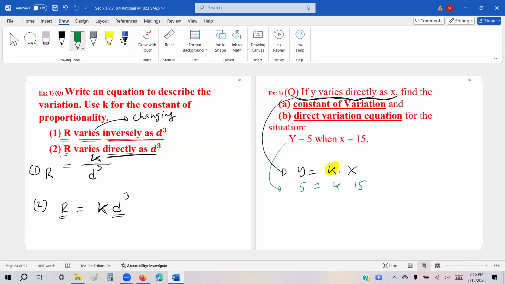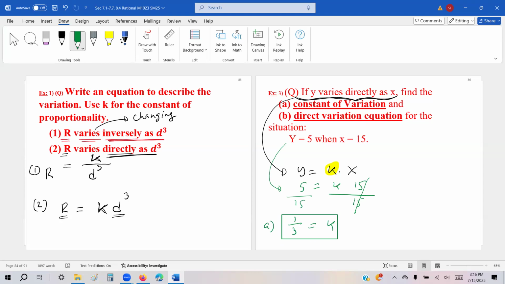You're solving for k. Divide each side by 15. So k equals 1/3. This is what they are asking in A.